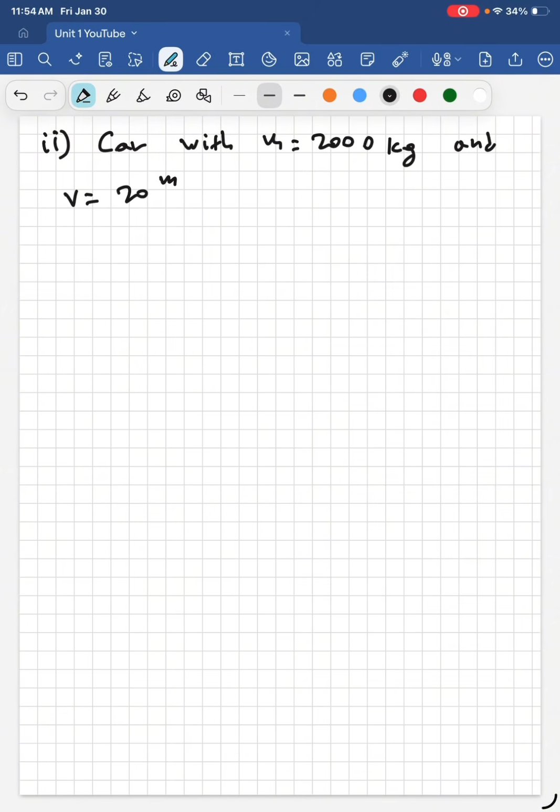Not too fast. Then the momentum of this car is going to be 2,000 times 20. It gives us 40,000 newtons times seconds. So this is a really large momentum.